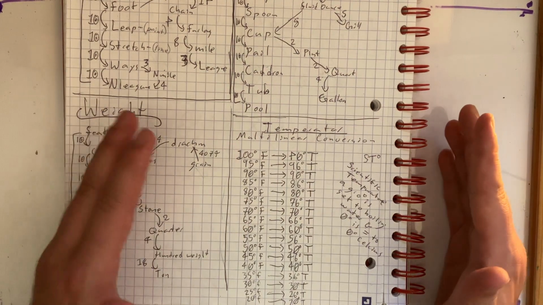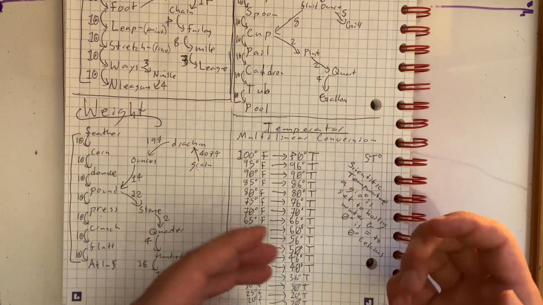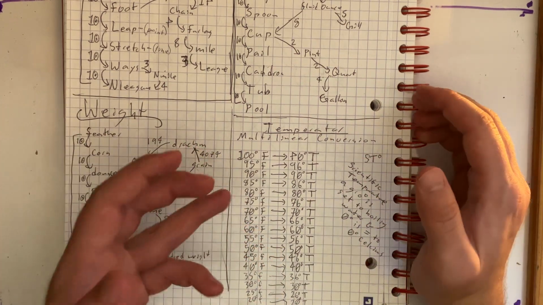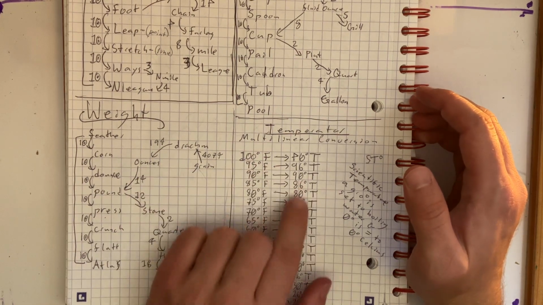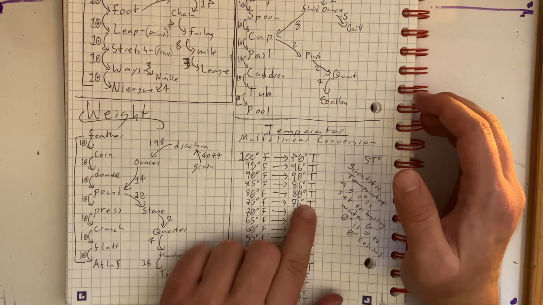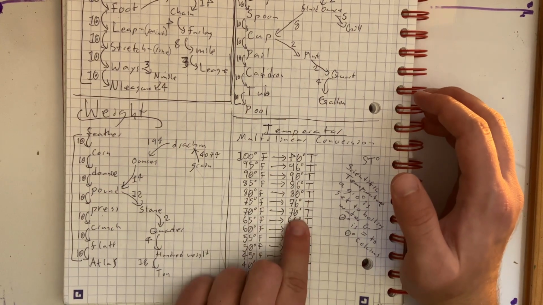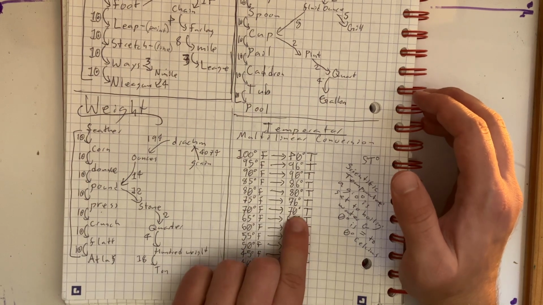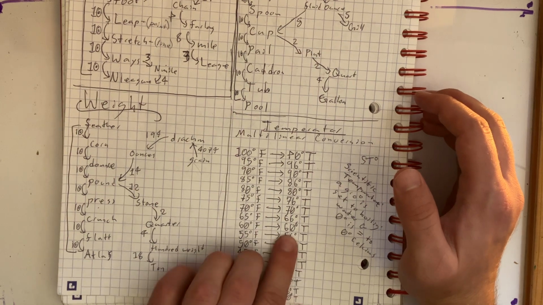Maybe it'll take on, I don't know. But the point is I want to make the transition from base 12 to base 10 as seamless as possible. So whatever people are used to 90 degrees Fahrenheit being, it's 90 degrees temperature. Whatever people are used to 80 degrees Fahrenheit being, is 80 degrees temperature. Whatever people are used to 70 degrees Fahrenheit is 70 degrees temperature. 60 degrees Fahrenheit becomes 60 degrees temperature.